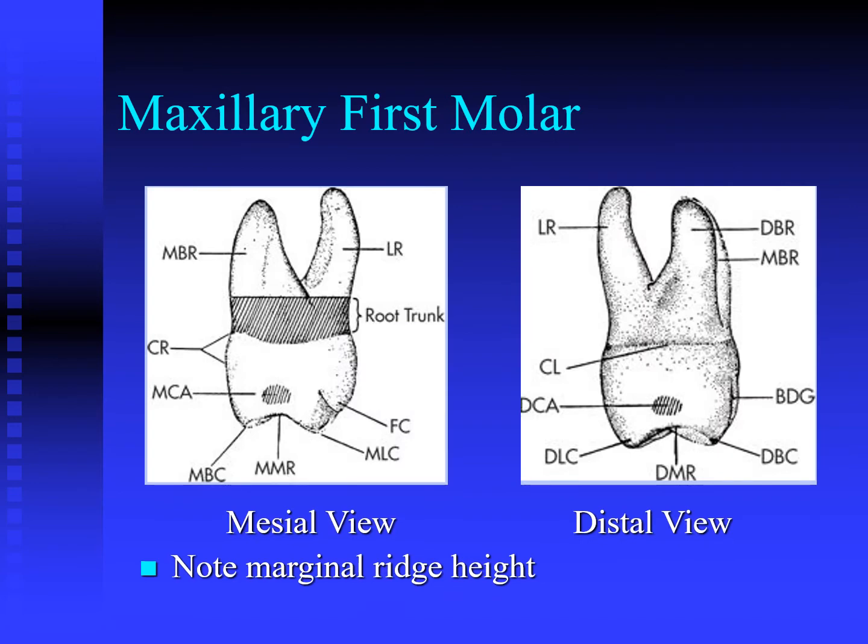Now let's look at proximal views of the maxillary first molar. You should be able to tell whether you're looking at the mesial surface or the distal surface of the maxillary first molar by two prominent observations and two prominent characteristics of the teeth.